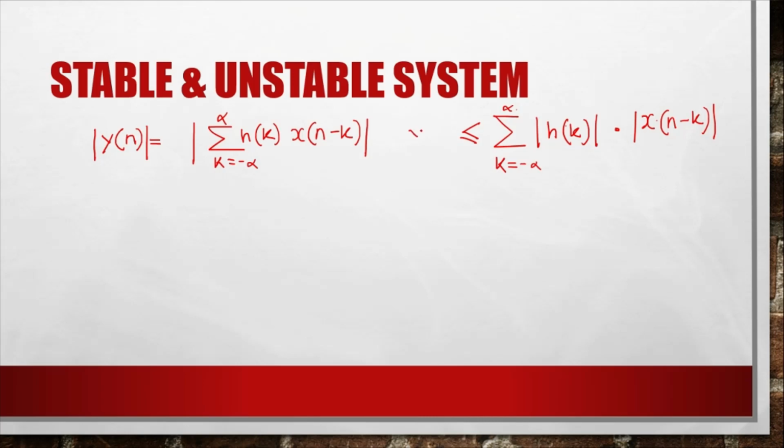Okay, if so, that means the modulus of y[n] is always less than or equal to this, if I write it in this way. So in words, the magnitude of the sum of terms is less than or equal to the sum of the magnitudes. So this must be less than or equal to this.